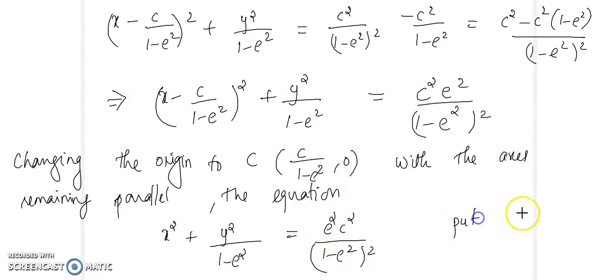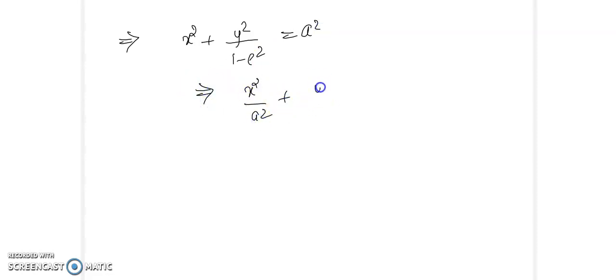Now let us put EC by 1 minus E square equal to a. So this will be a square. So therefore the equation becomes x square plus Y square by 1 minus E square equal to a square. So you will get x square by a square plus Y square by a square into 1 minus E square equal to 1.